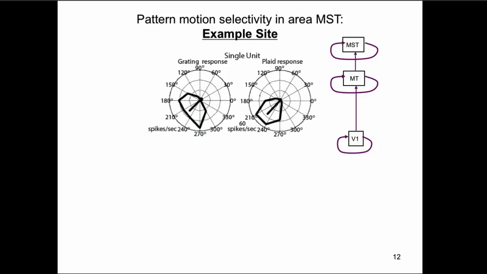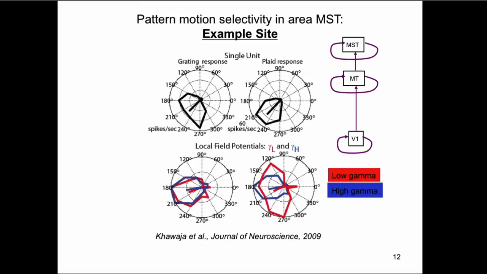So here's an example site in area MST. This is the response to a grating, and this is the response to a plaid of an MST neuron. And we see pattern selectivity. Both responses are identical. When we look at the local field potential, here I've divided it into high gamma, which is very high frequencies, and low gamma, which is low frequency, bands.